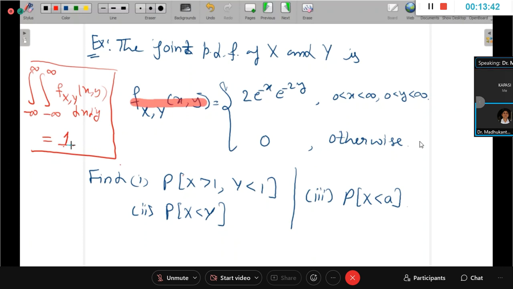You know how to perform the double integral. Now your first problem is to find the probability of x greater than 1 and y less than 1.